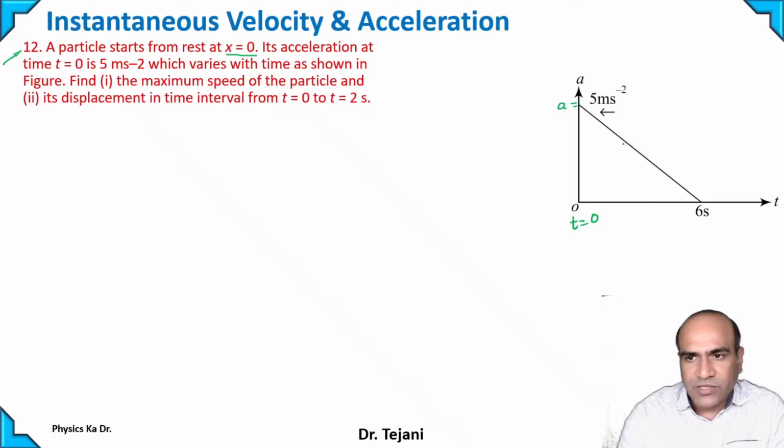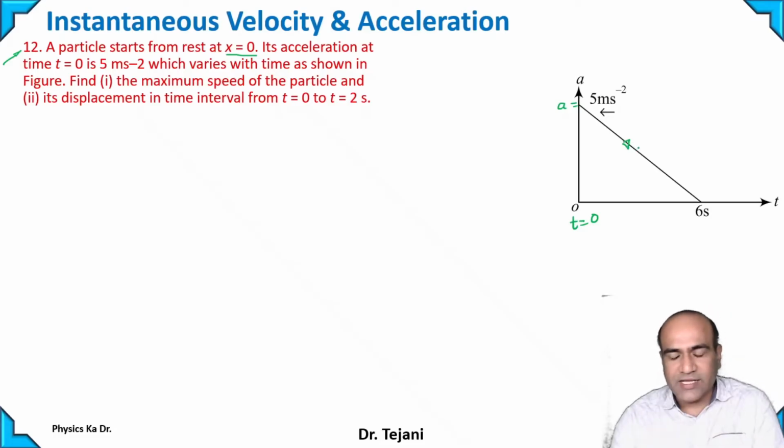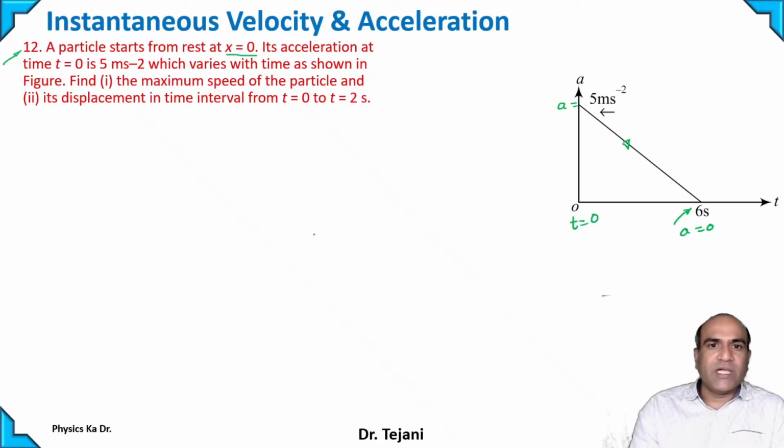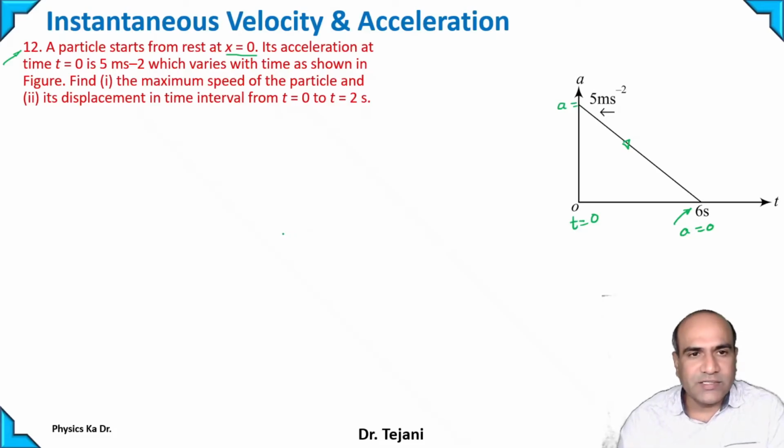You can see there is a reduction in the acceleration, right? So there is a deceleration, and when time is 6 seconds, acceleration becomes 0, which we can identify from the graph. So find the maximum speed of the particle and its displacement in the time interval t is equal to 0 to t is equal to 2 seconds.